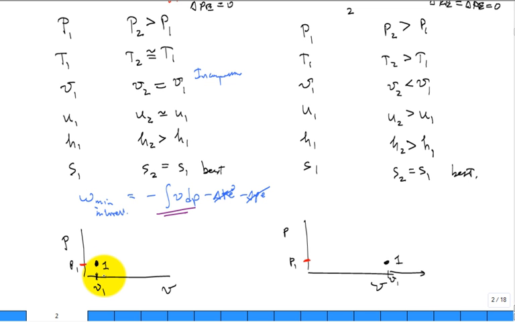True? Now, where is state 2 on the pump PV diagram? The exit pressure and specific volume coming out of the pump. And where is state 2 on the PV diagram for the compressor? I'm going to pause, walk around, and you just use the same logic that I did. I'm thinking what pressure and specific volume.